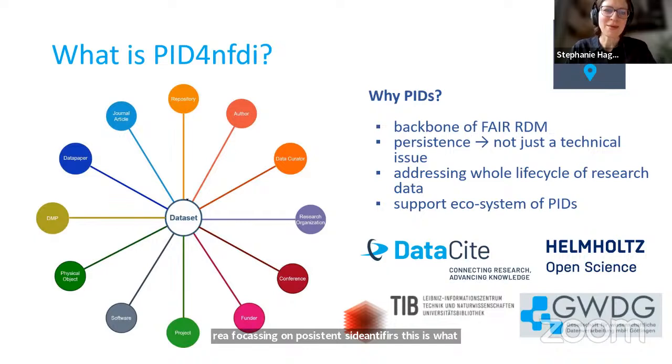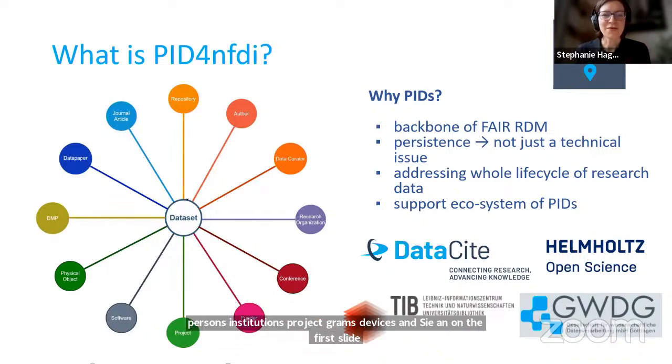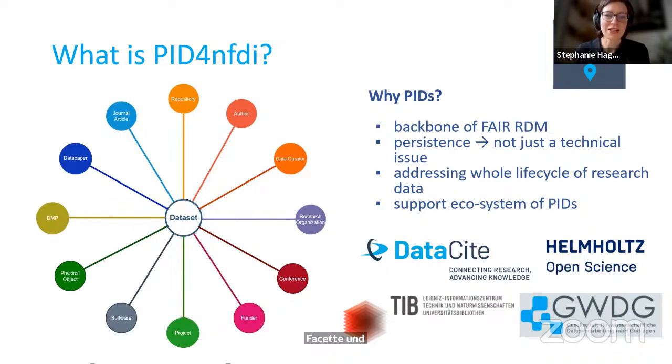In the beginning, I would like to answer the question of why PIDs are important, and therefore we should look at what PIDs offer. They provide a unique identification of research resources, persons, institutions, projects, grants, devices, and lots of other things, which you can see on the first slide, for example. And PIDs can address the whole life cycle of research data and connected entities and enable more accurate, richer, and standardized metadata, and can thus improve discoverability and interoperability of metadata to research data.